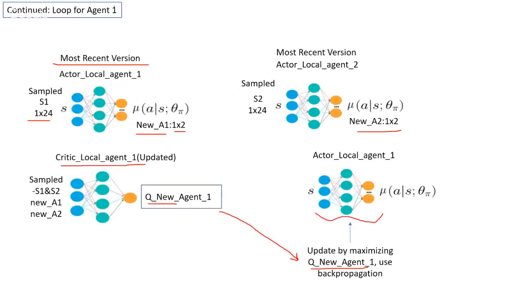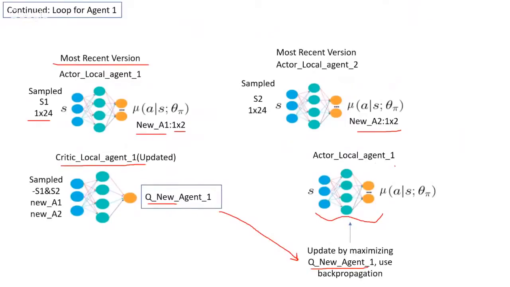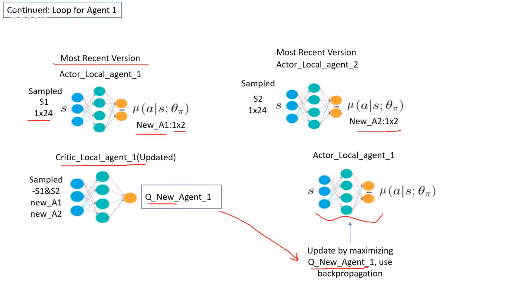So this is a loop just for agent 1 where I trained my critic local network for agent 1, and then I trained my actor local network for agent 1. Then I do the same thing for agent 2's network, and I train critic local for agent 2 and actor local for agent 2.